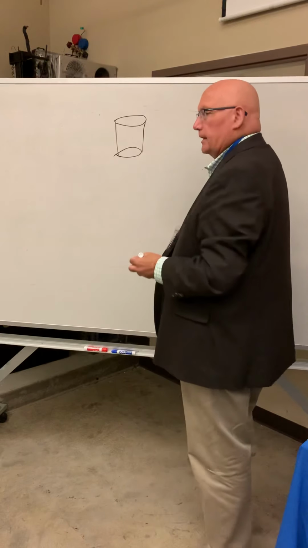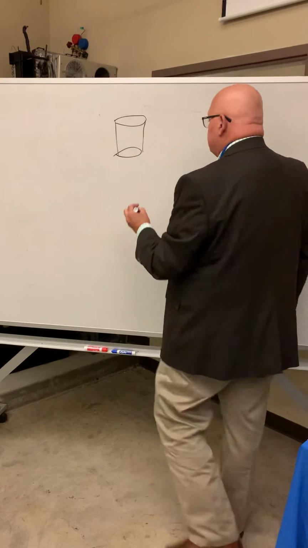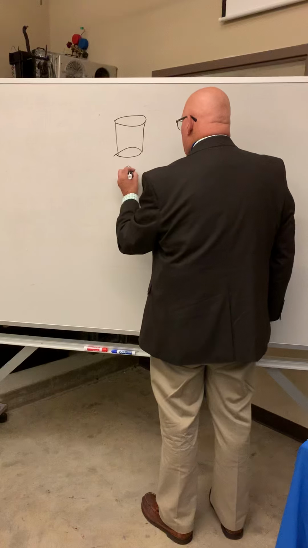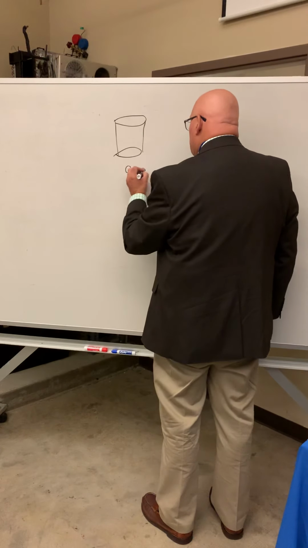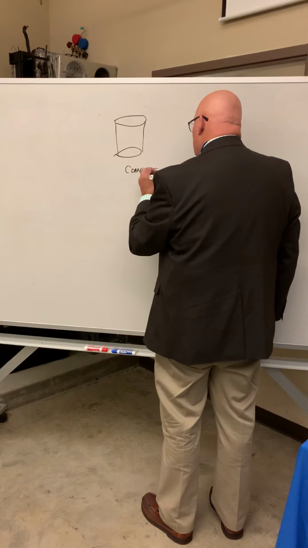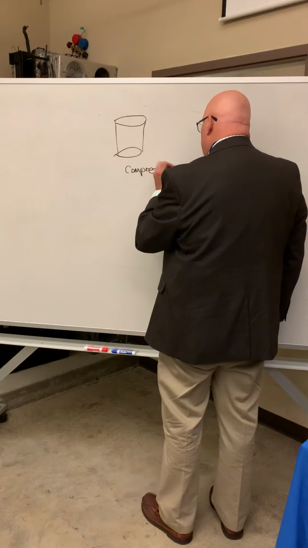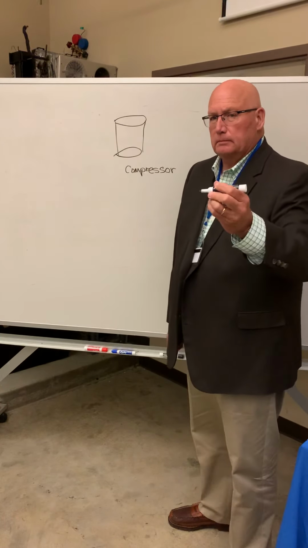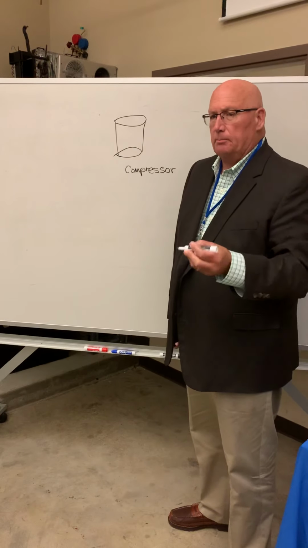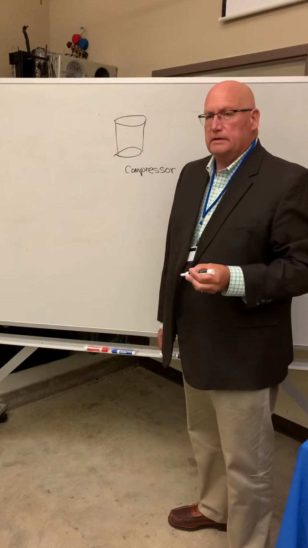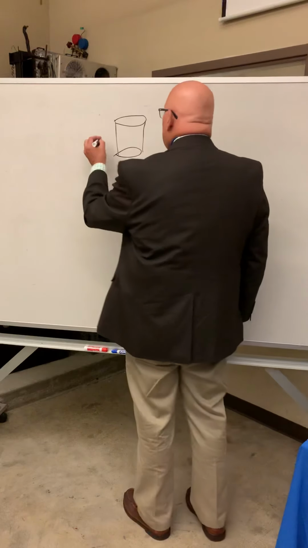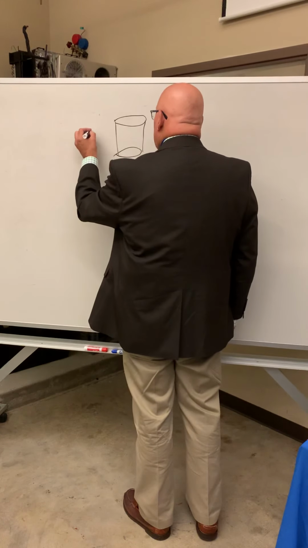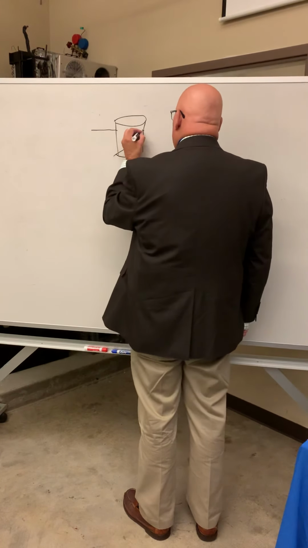So this is my compressor. A compressor has a pipe in, called a suction, and a pipe out, called a discharge. So I have an in, and I have an out.